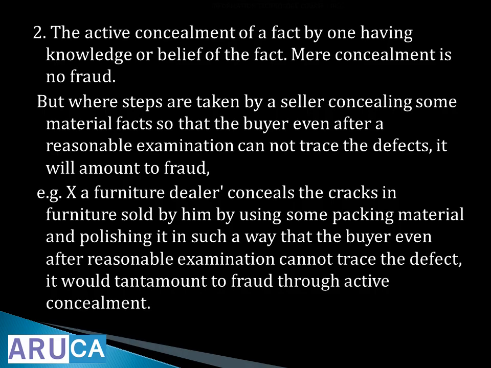It would tantamount to fraud through active concealment. What is the active concealment here? The furniture dealer did some pasting material inside the cracks, so that if you look prima facie, it may look very neat, polished, but there was a defect that was concealed. This is called active concealment.